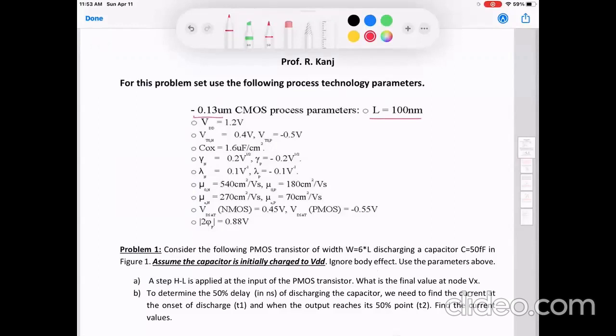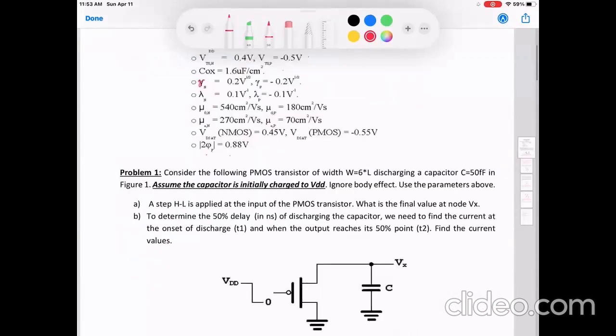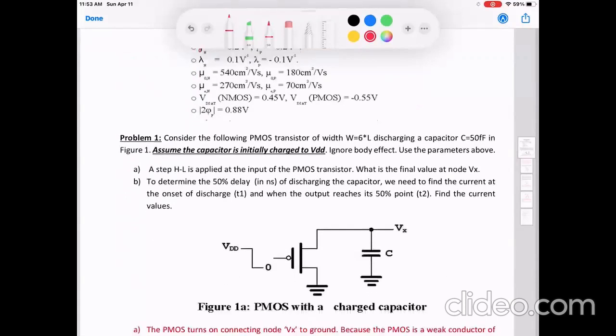We are being given VDD, VT, COX, gamma, lambda, and mobility, VDV set. In this problem, we are given a PMOS device with a specific width, and we are being told that the PMOS is discharging a capacitor of 50 femtofarad, and that the capacitor is initially charged to VDD.